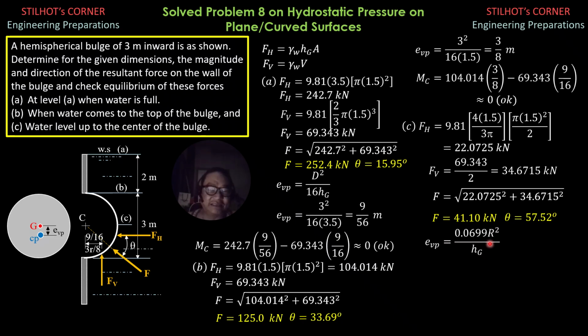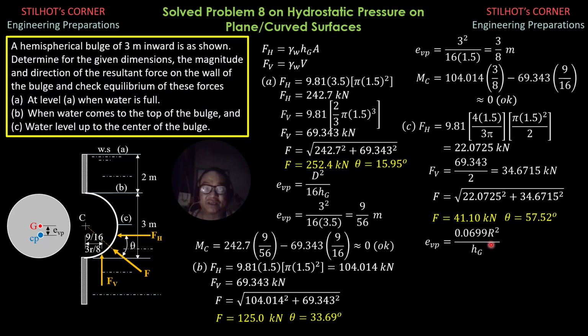So IGX this time, in terms of radius, is equal to 0.1098 radius to the fourth. I hope that you know that.